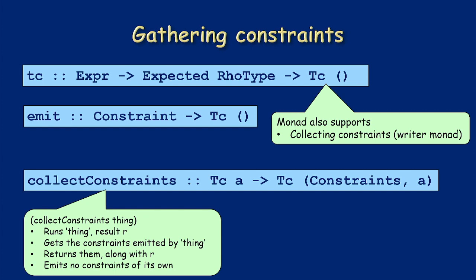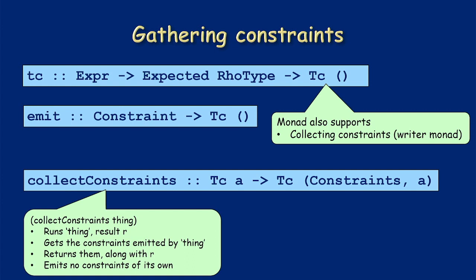But this guy here emits no constraints of its own, because they're all the ones that came from inside. Does that make sense? It's a standard monadic approach to gathering constraints in a state. So the monad here is a sort of writer monad that just gathers constraints up.